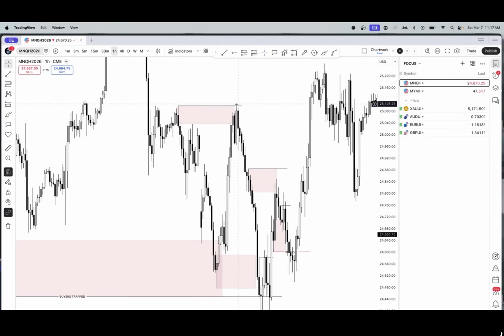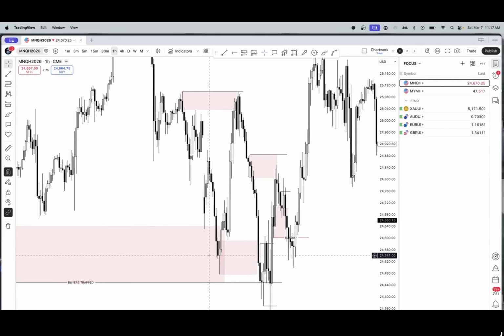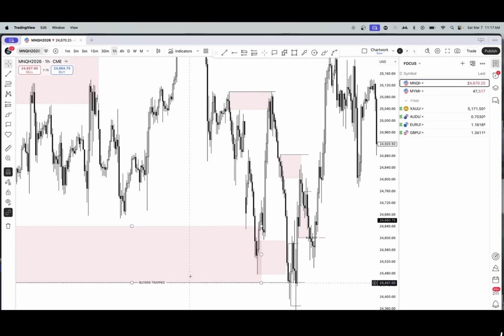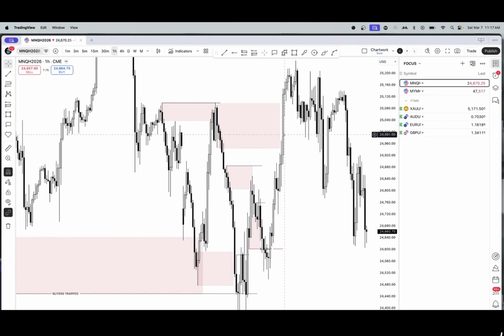Just because you can see it as the LB because we took out this high doesn't mean we want to be selling from there. Remember, we just had a whole bearish move to the downside, one, inducing sellers. Therefore, we could still see price return to the structural high and be used as some form of reaction point. But it doesn't always get used as the reaction point. 95% of the time it will. Sometimes it could get just blown through, just like this.